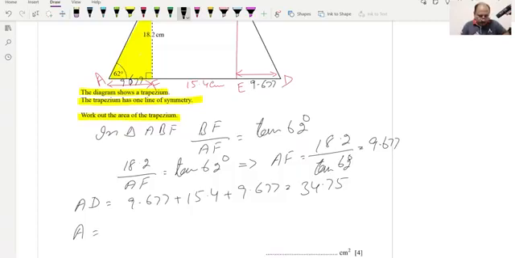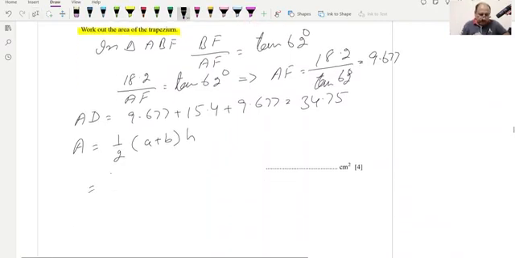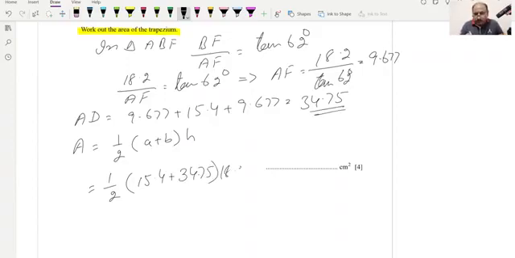So area of trapezium is equal to 1 by 2 into (A plus B), the parallel sides, into H, and H is given as 18.2. So we can write 1 by 2 into, one side is 15.4 and the other side is 34.75, which we have just calculated, multiplied by 18.2.